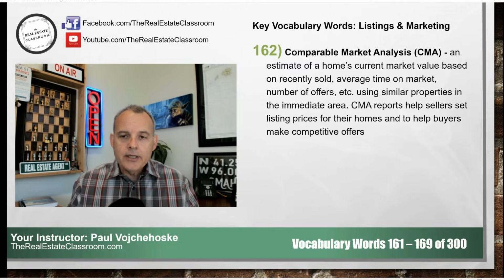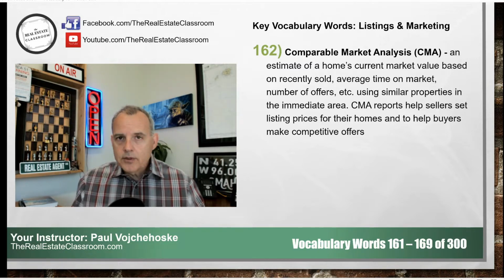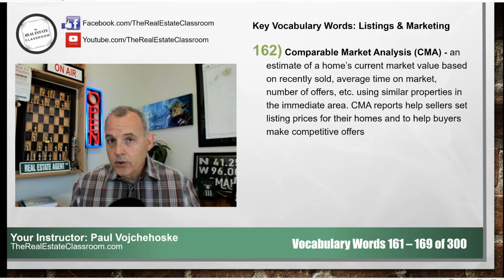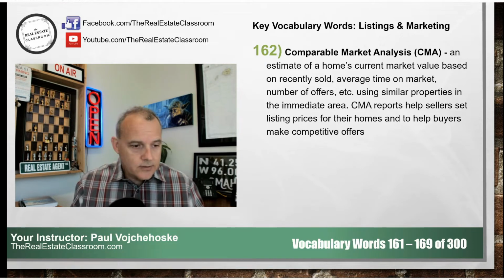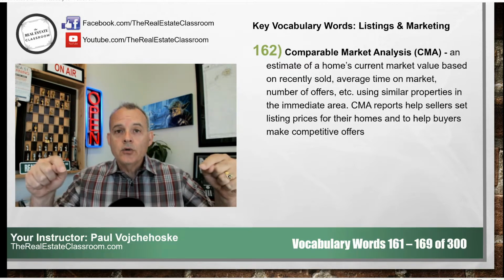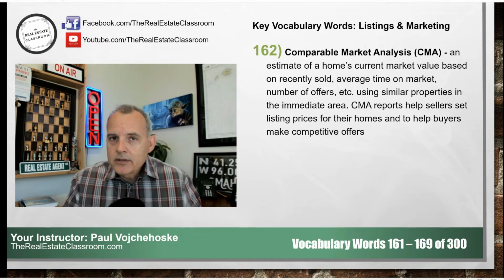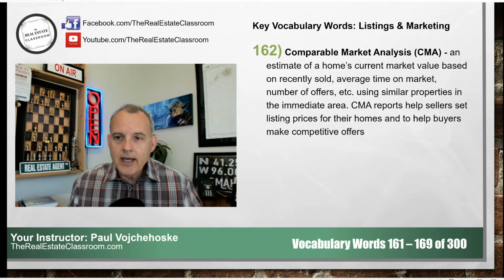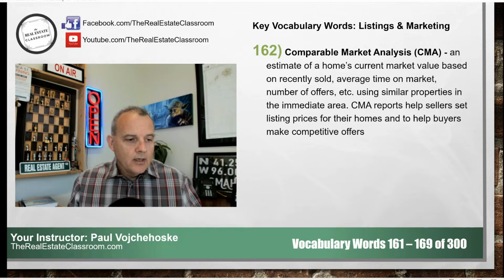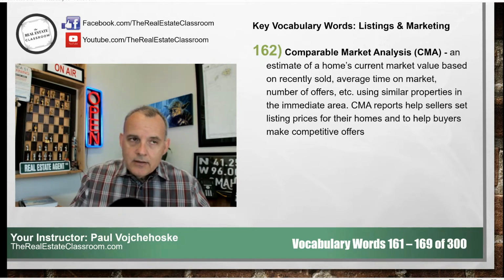The best way to describe it is a fee appraisal is a history report of the area, where they're looking at comparables that have sold within the last 6 months. A CMA is the market value today, and the agent is going to use a lot of different points of data to determine that.